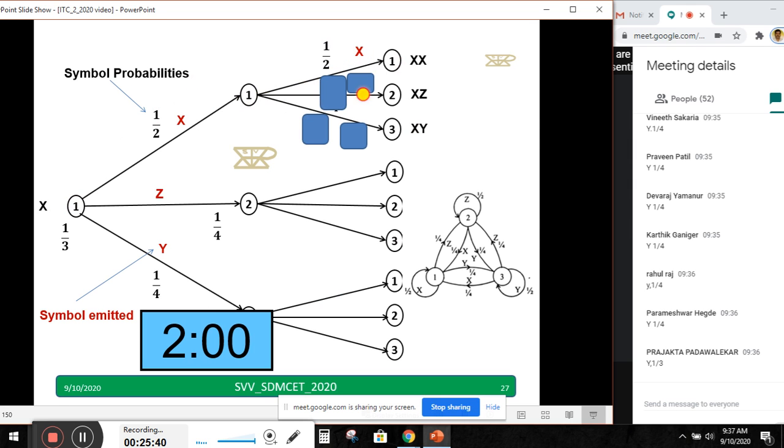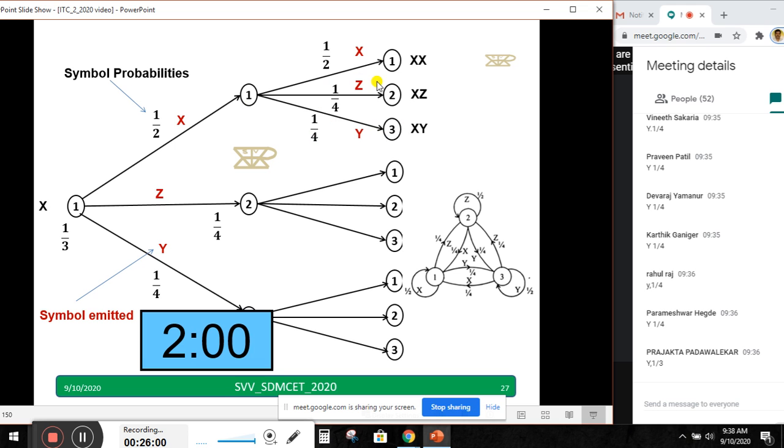Now from 1 to 2, what is the probability? It is given here as 1 by 4, symbol is z. The same thing I am going to write here, z and 1 by 4. Then third, from 1 to 3, which symbol is emitted? Y. What is the probability? 1 by 4, that I am going to write here.